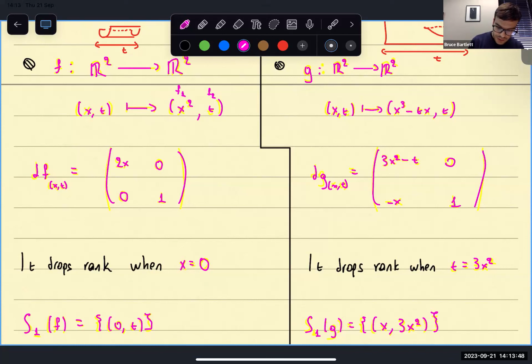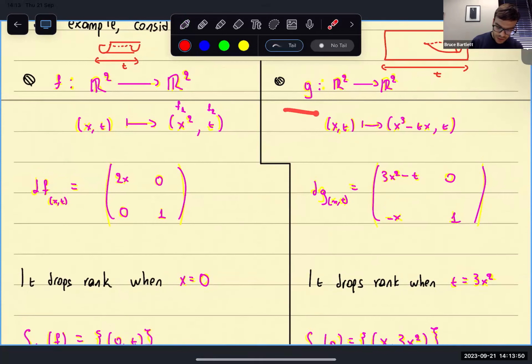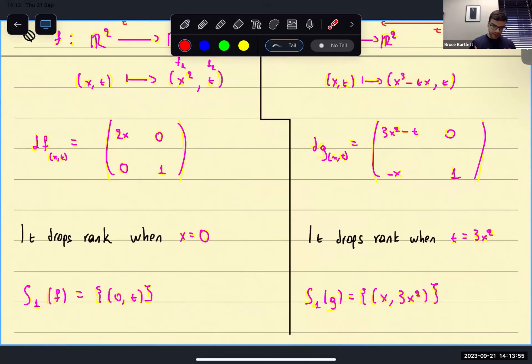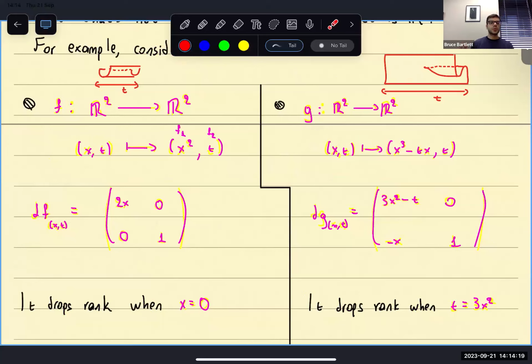So both of these functions, in terms of the theory that we have developed so far, it's quite hard to distinguish between them. Like in both of these cases, the S1 locus of the function is a one-dimensional submanifold of the source, and all critical points are critical points where the differential drops rank by 1.